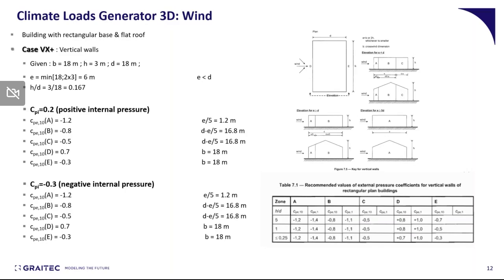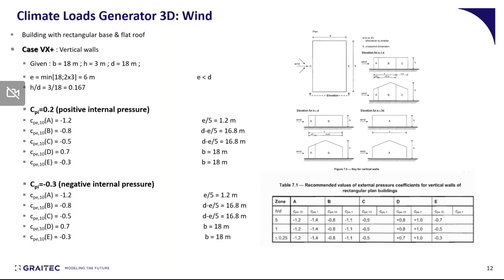Normally there is an equation in the Eurocode to calculate this coefficient. However, because this coefficient is affected by the openings and the percentage of openings, and how big or how small the openings are in the walls, the Eurocode suggests to use either a positive Cpi of 0.2 and a negative Cpi of minus 0.3.